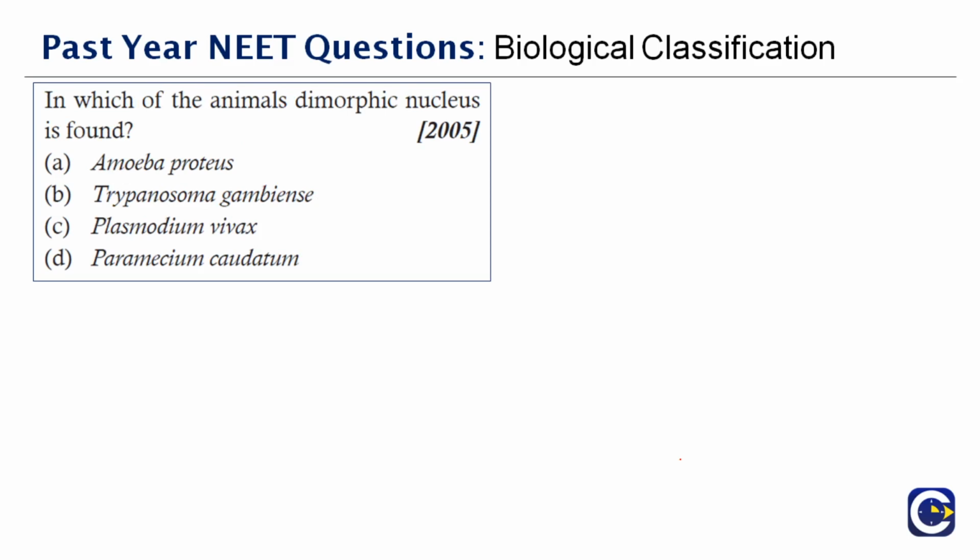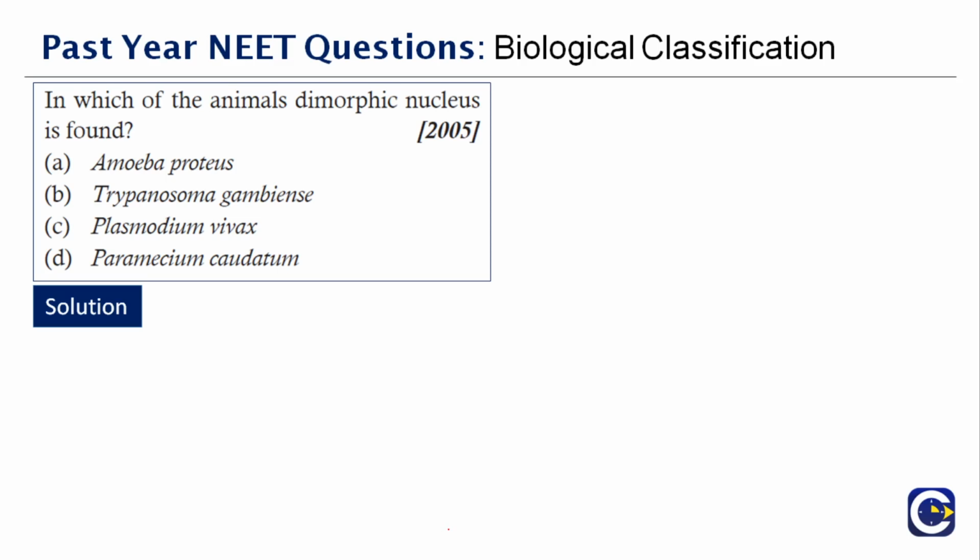Okay, next question here. In which of the animals is a dimorphic nucleus formed? What do you mean by dimorphic? Di means two. I have given you a hint here. Dimorphic nucleus, since it has two, is the sexually dimorphic nucleus. Sometimes you even call it SDN.